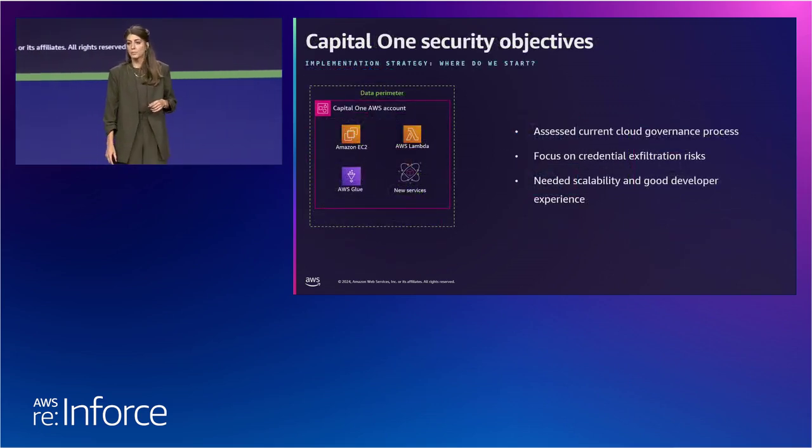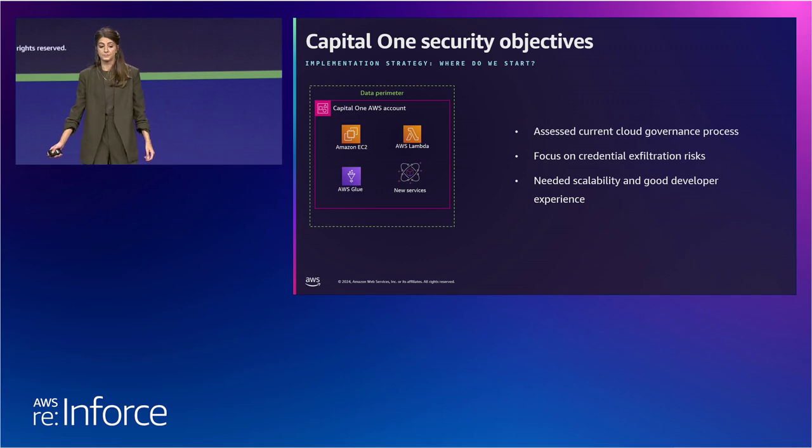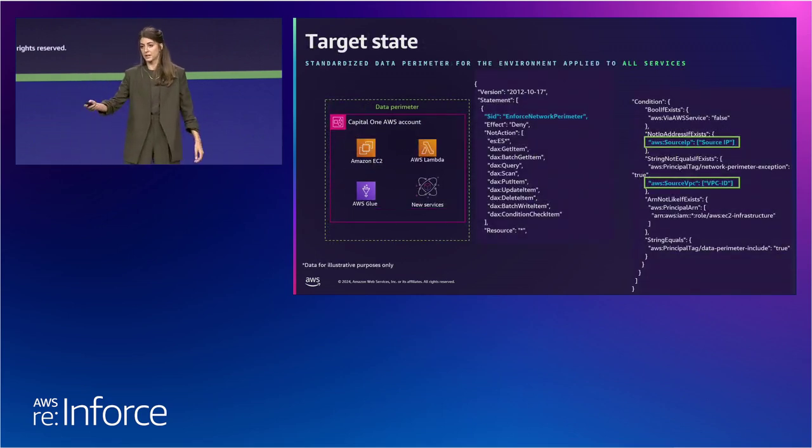So when we were thinking about our security objectives, we took a look at our cloud governance process and the main risks that it assessed. And we knew that we wanted to focus on credential exfiltration risks. We also needed scalability, as you saw from Chris's slides. That's really important for us. And we wanted to provide a good customer experience, or a good developer experience.